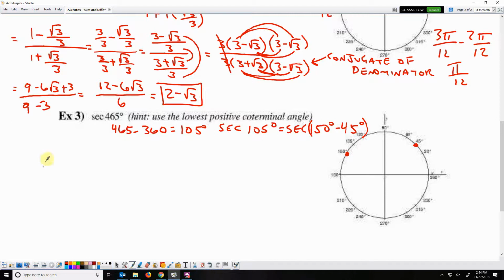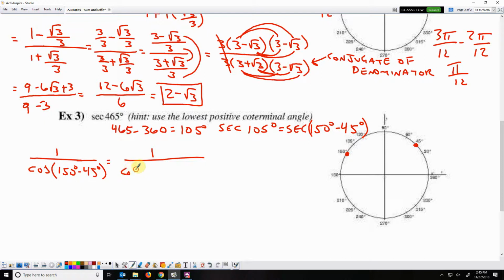Secant is reciprocal of cosine, so it's really 1 over cosine 150 minus 45. So we're going to do 1 over the cosine sum or difference identity, which is cosine alpha, cosine beta.